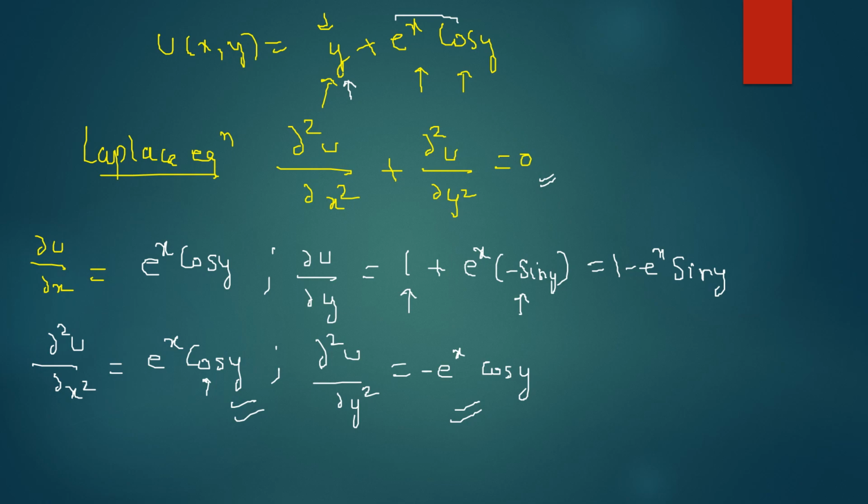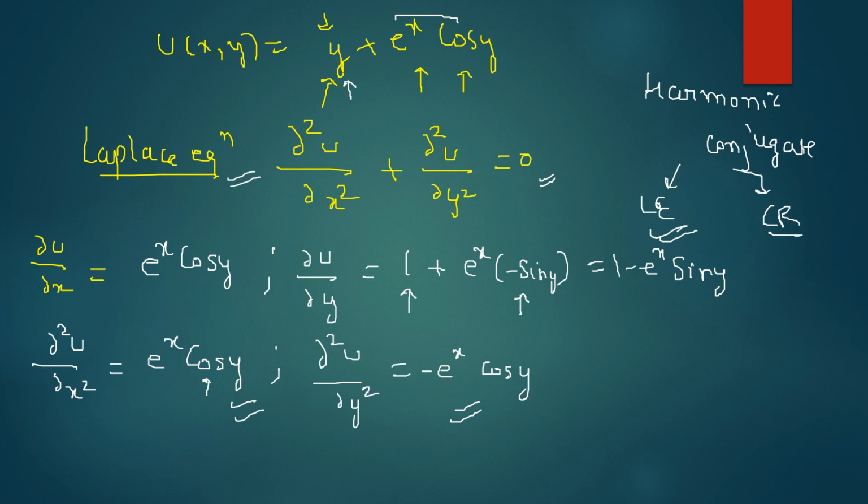Okay? Now, to check further whether it is a harmonic conjugate or not, two things have to be satisfied. One is the Laplace equation, which we have already satisfied because it is a harmonic function. So it is giving summation 0. Now, Cauchy-Riemann. What does Cauchy-Riemann state? ux has to be equal to vy, correct?